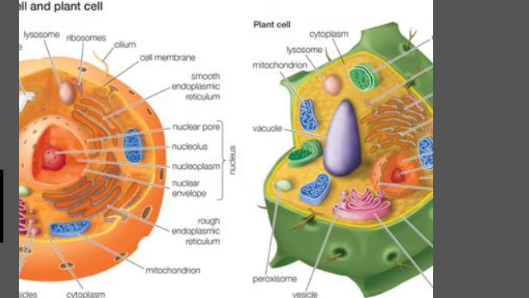Lysosomes are membrane-bound sacs filled with digestive enzymes. These enzymes are made by RER. Lysosome is a type of waste disposal system of the cell. These help to keep the cell clean by digesting foreign material as well as worn out cell organelles.